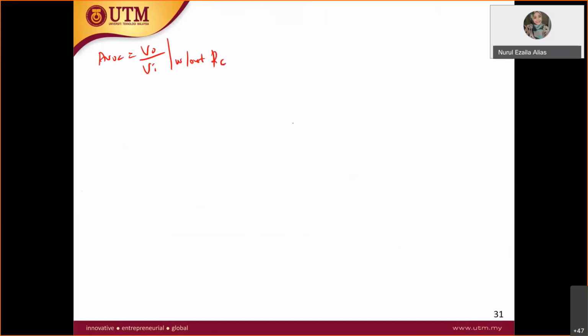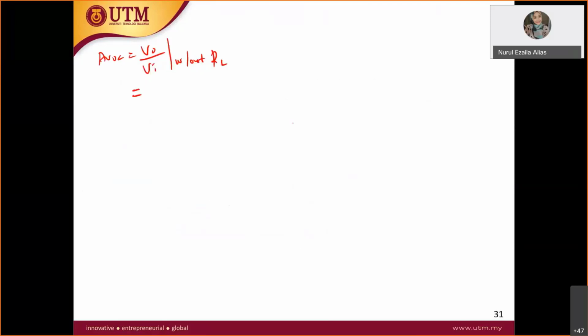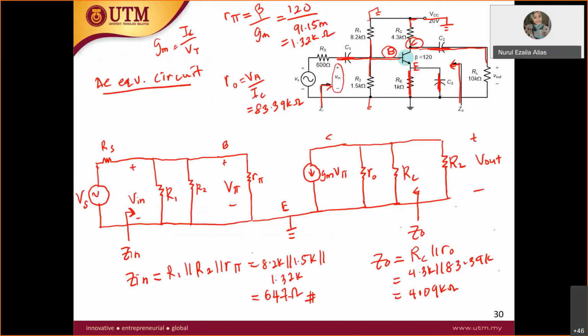The question wants the open circuit first and then the AV, but it doesn't matter. Let's take a look. What is V out over V in without RL? So what is V out over here? What is V out?